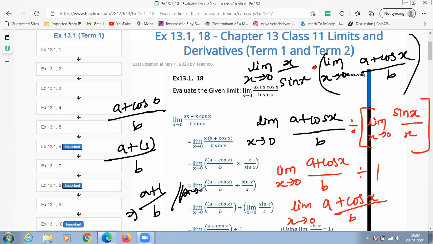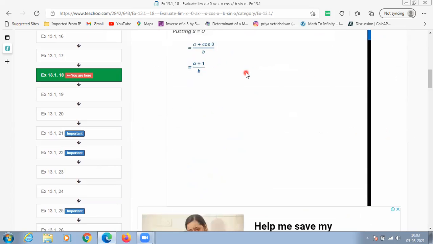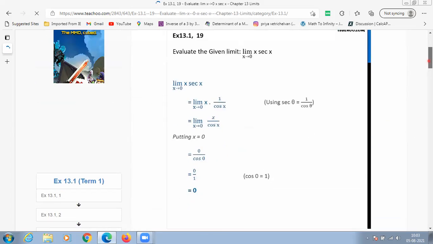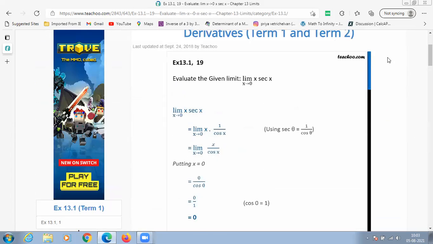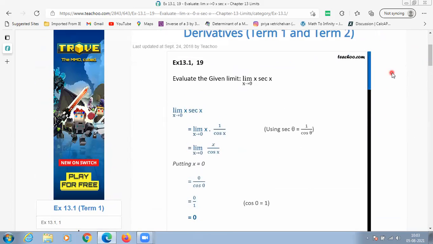Yes, ma'am. Done. This is pretty simple, dear. I think you can do this question by yourself: limit of x times secant x. By seeing the question itself and the steps, you will be able to understand.